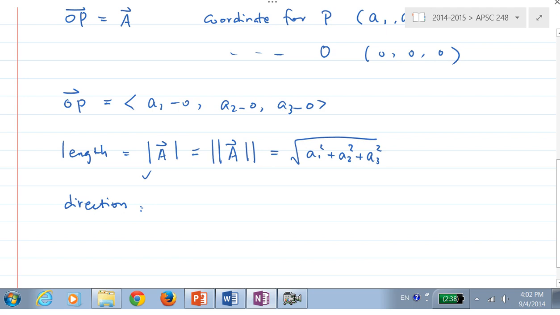So to simplify it, we're going to use a unit vector. So that's this A hat, representing a unit vector here. So what does unit vector mean? Unit vector basically means it's a vector having a length of 1.